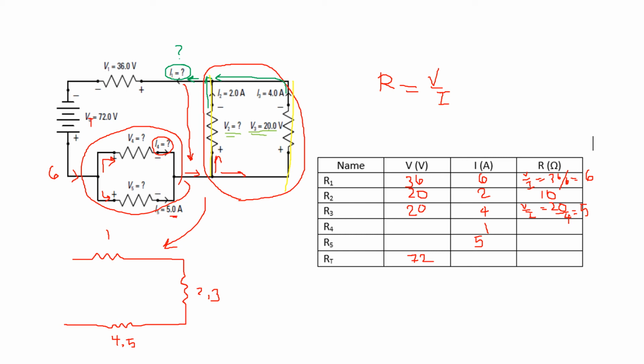And same goes for I total. If over here is 6, and over here is 6, and over here is 6, it looks like over here the current has not been branching off. So I total will also be 6. But I4 will be 1 because 5 plus 1 is equal to 6.